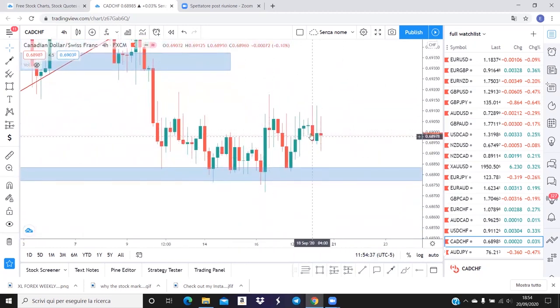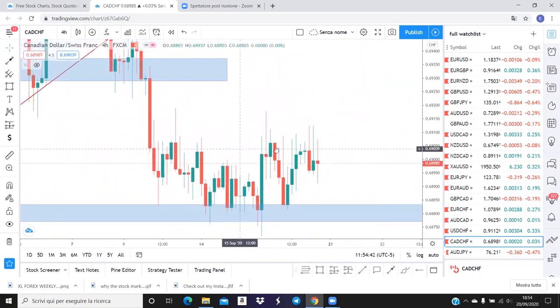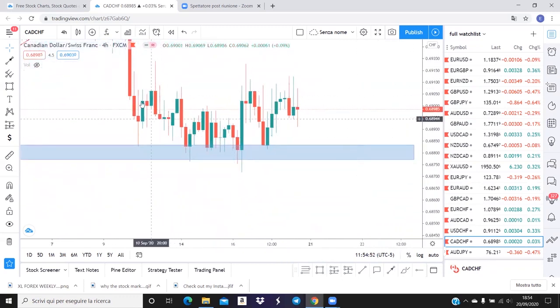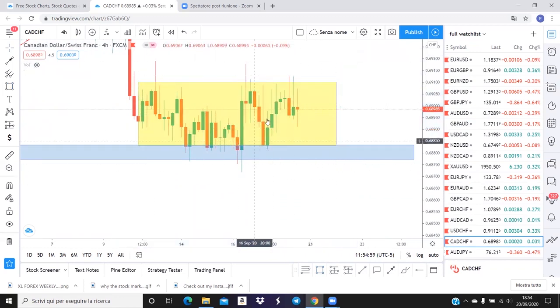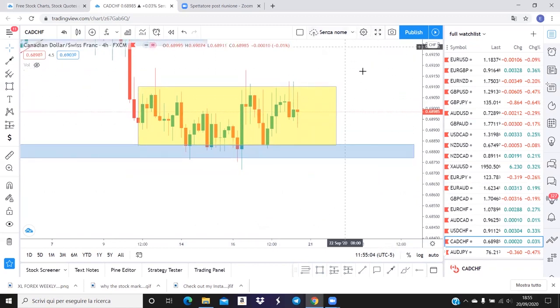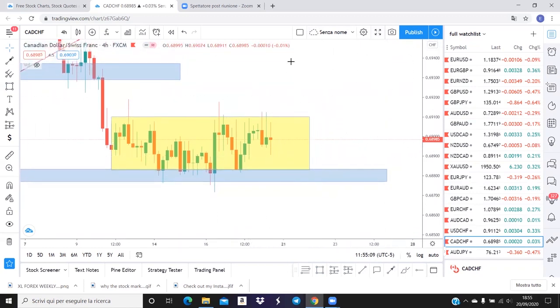Then maybe we are consolidating and we will continue to the downside, or maybe it is the end of this downtrend and we are consolidating in order for banks to gather many orders, and then we will go to the upside. Of course, we know that when we consolidate this much, usually what happens is that we have a fake out and then the market takes its real direction. So maybe we will have a fake out to the downside and then a strong push to the upside, or maybe the opposite.